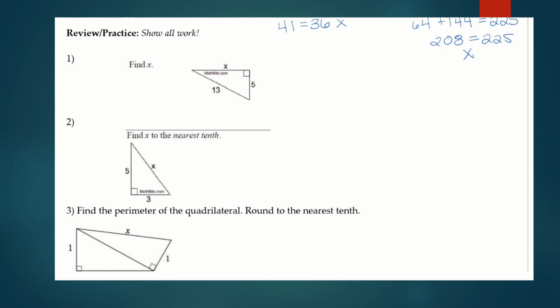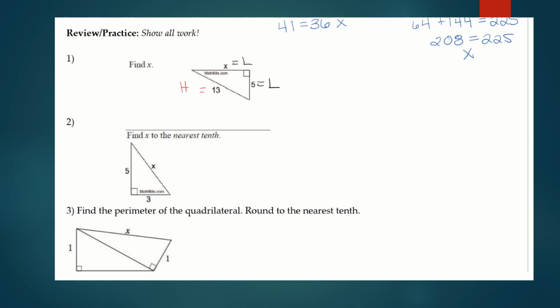If I'm looking at this triangle, I can see that 5 represents a leg, and so does x. And the reason I know both of these are legs is because together they create a right angle. 13 is across from the right angle, which means it's the hypotenuse.